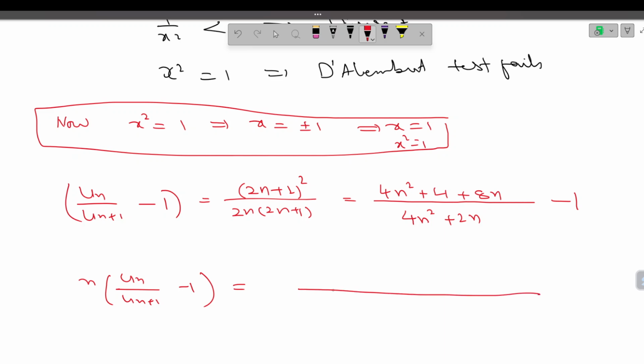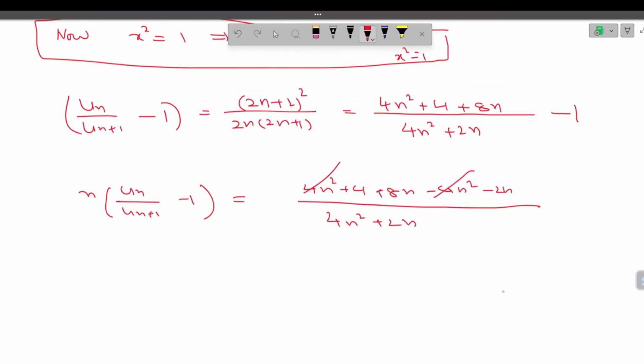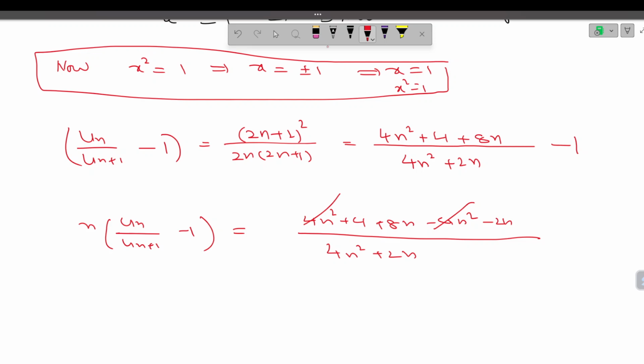If you take 4n square plus 4 plus 8n minus 4n square minus 2n, the 4n square and 4n square are gone.